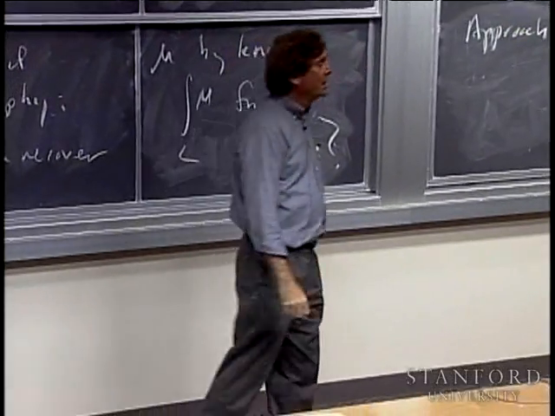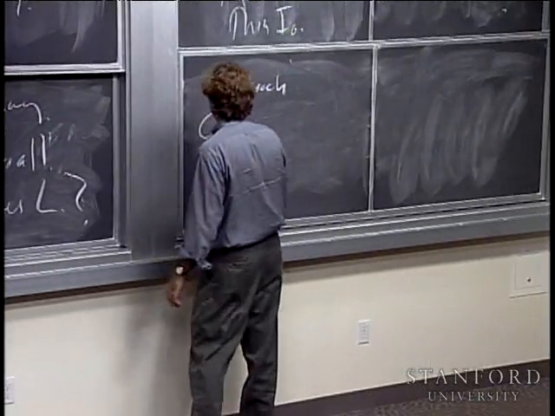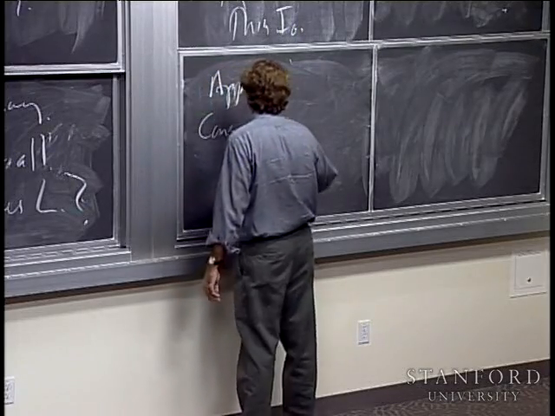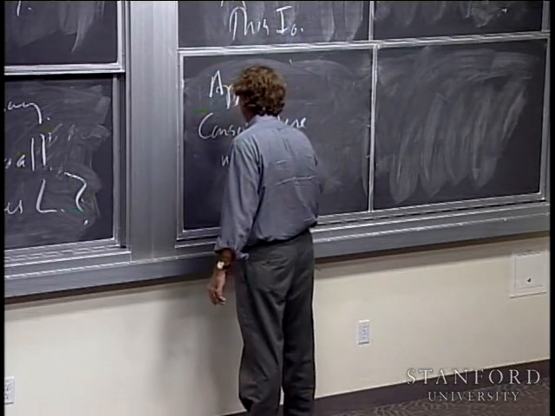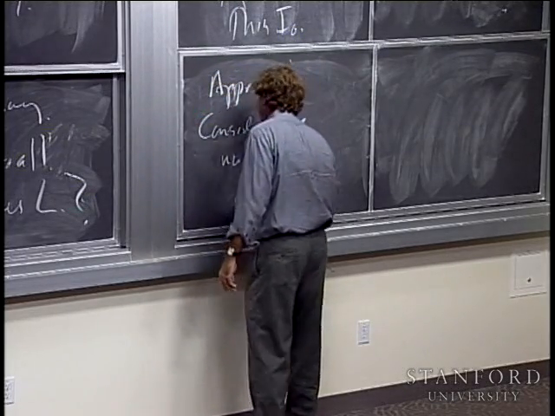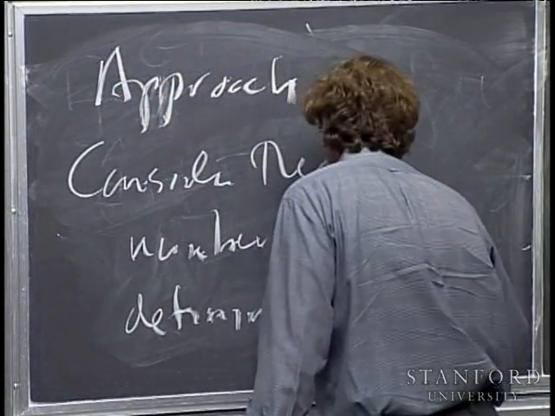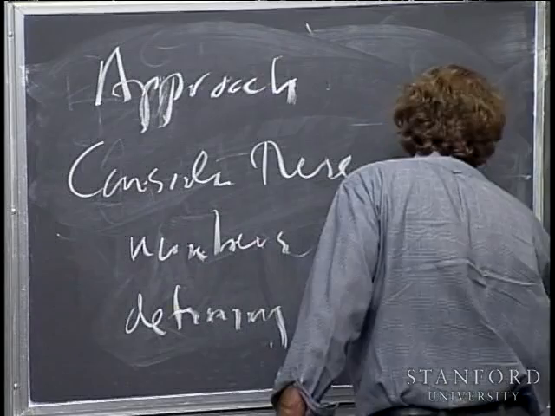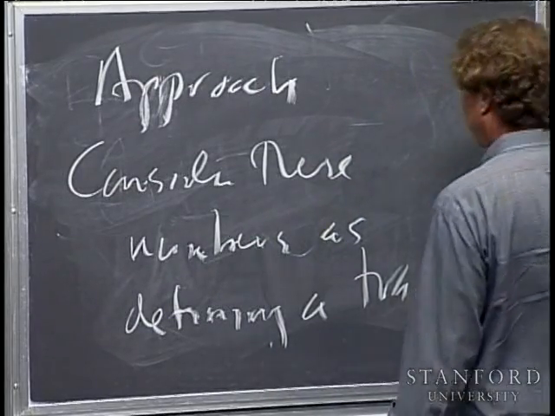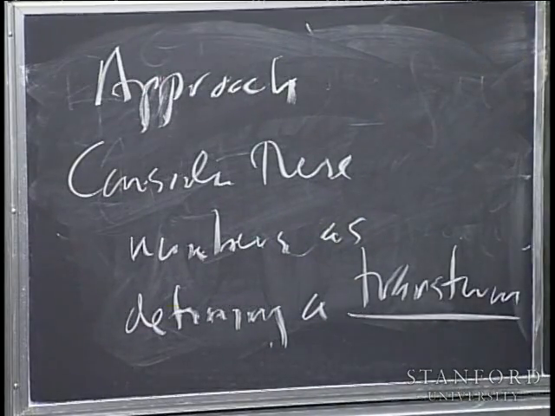You consider these numbers as defining a transform of mu. What I mean by that is you start with a line.